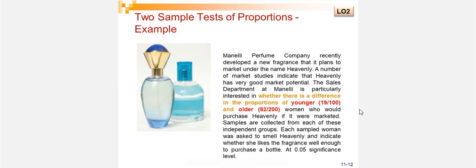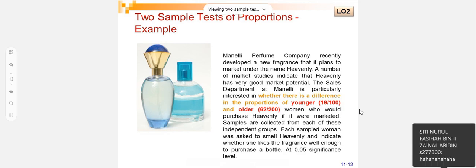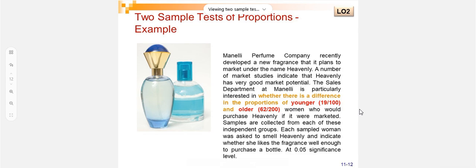Okay, now they take the example of one company, maybe in the future you will work at that company. So this company produces a perfume product and wants to market it. When we want to market it, we need to identify whether the product we produce can be accepted by customers or not.